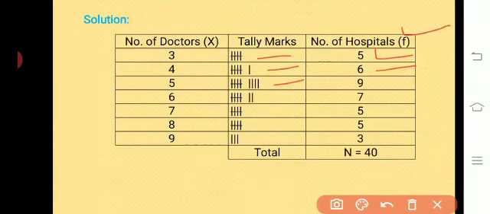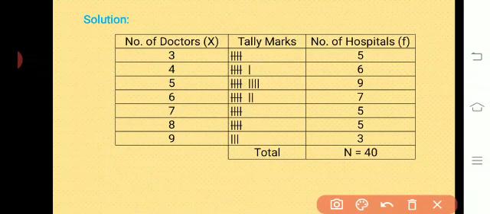Here 5, 9 tallies are there, so the frequency is 9. 6, 7 tallies are there, so the frequency is 7. Then in front of 7, 5 tallies are there, so the frequency is 5. In front of 8, 5 tallies are there, so the frequency is 5. And in front of 9, there are 3 tallies, so the frequency is 3.